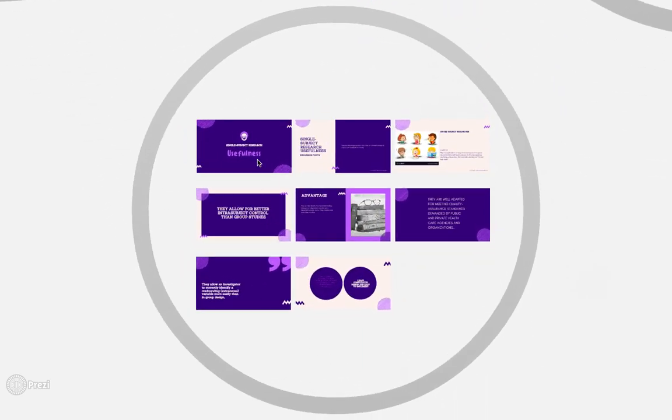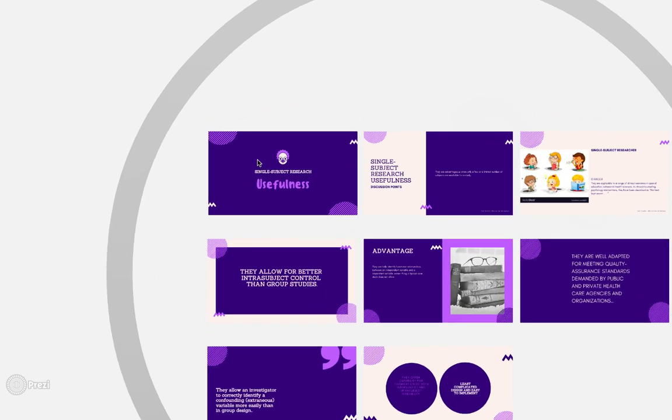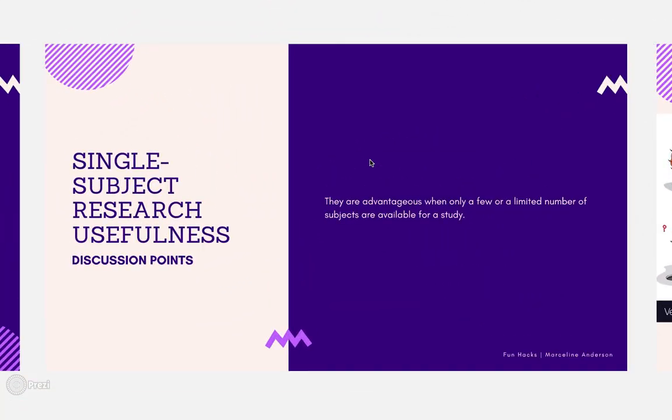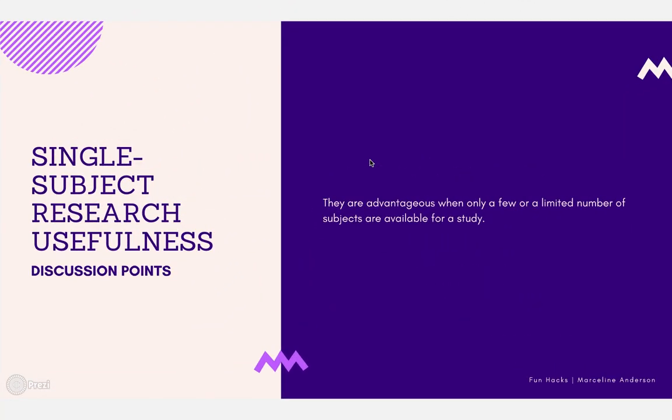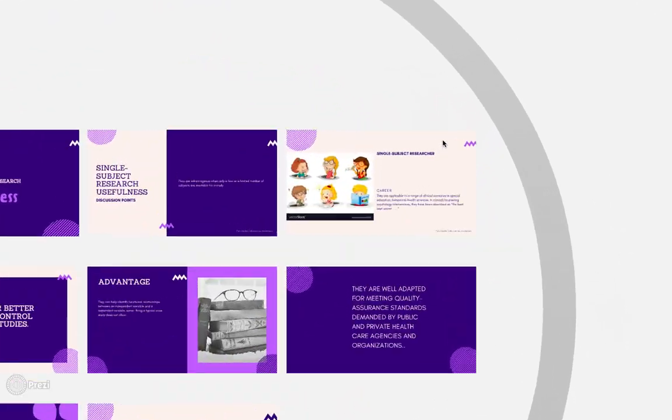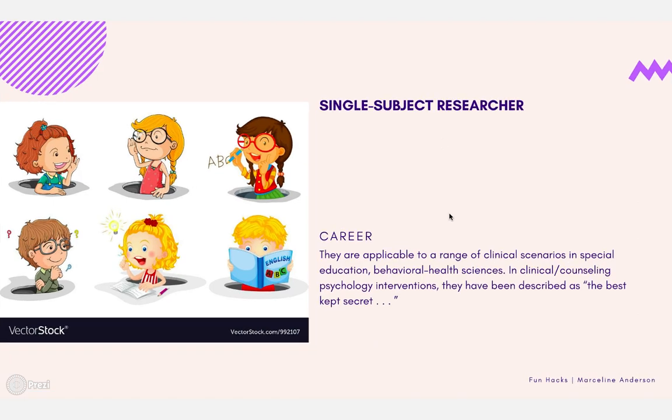There's more usefulness of single subject research. For example, there are advantages when only a few or a limited number of subjects are available for a study. In terms of careers, they are applicable to a range of clinical scenarios in special education, behavioral health sciences, clinical counseling, and psychology interventions.